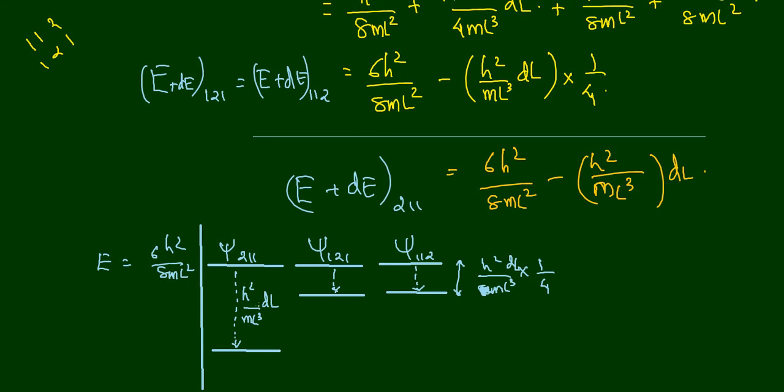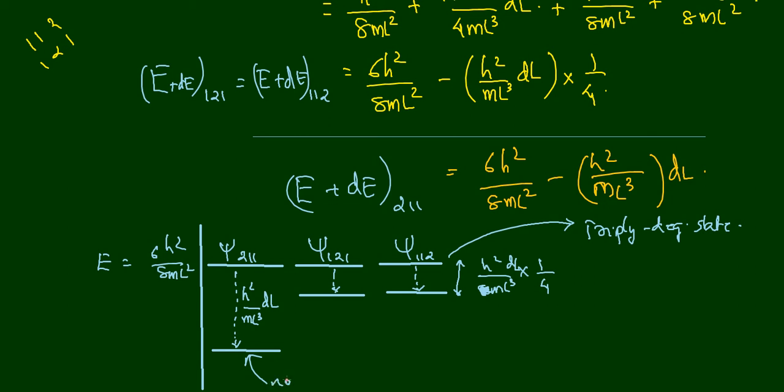So we earlier had a triply degenerate state, right? Psi 211, psi 121, and psi 112 were a triply degenerate state. But after distortion, we have a non-degenerate state here, because no other state has the same energy.